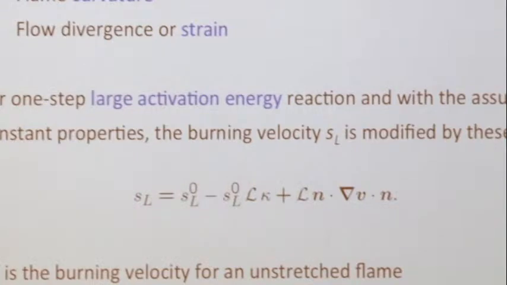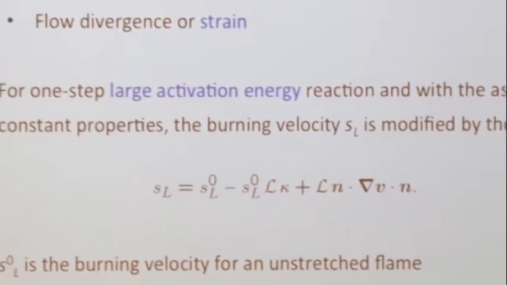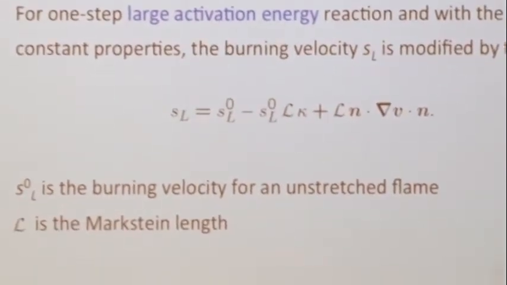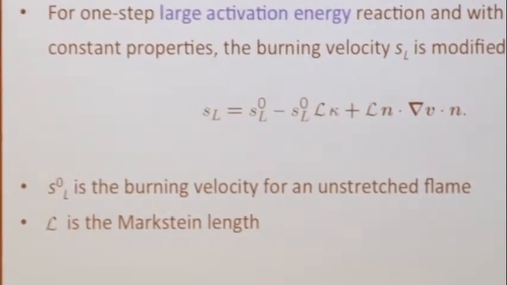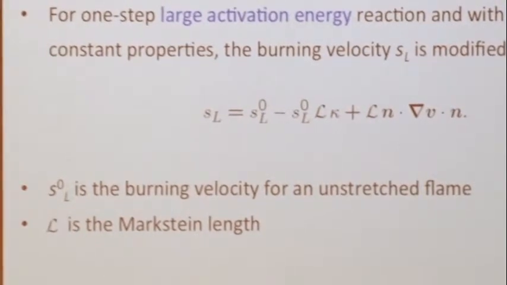And you see there is this L parameter here, and that is the so-called Markstein length. It's obvious that you have to have some parameter like this, because you see this has dimensions meter per second, this is meter per second, and then curvature is 1 divided by meter, and so there needs to be some parameter that makes this dimensionally correct again.